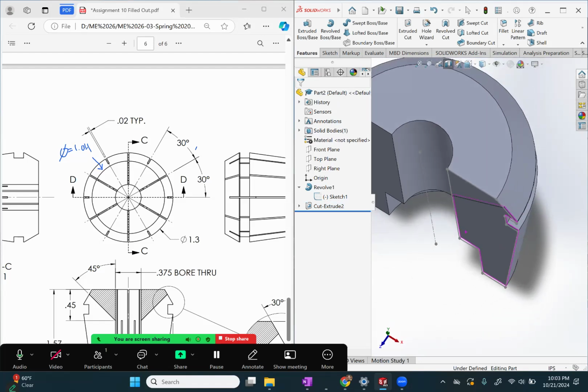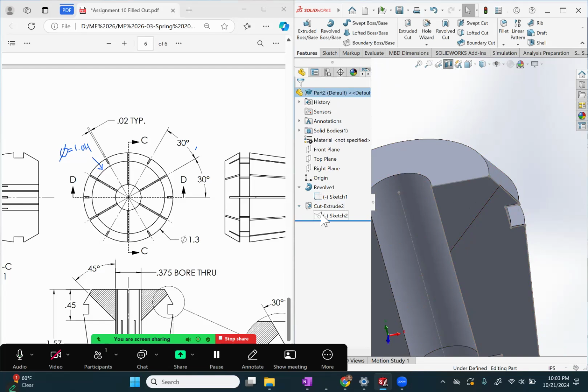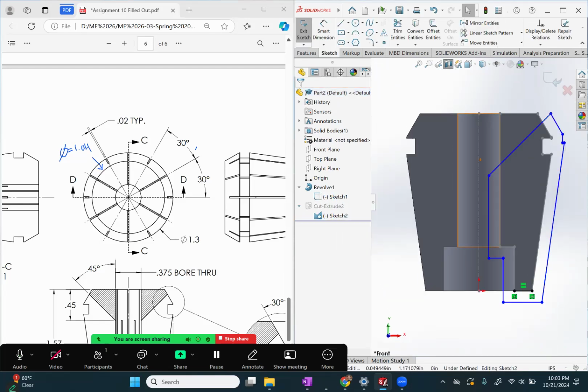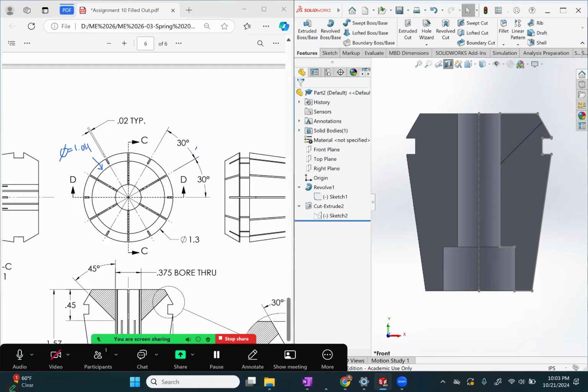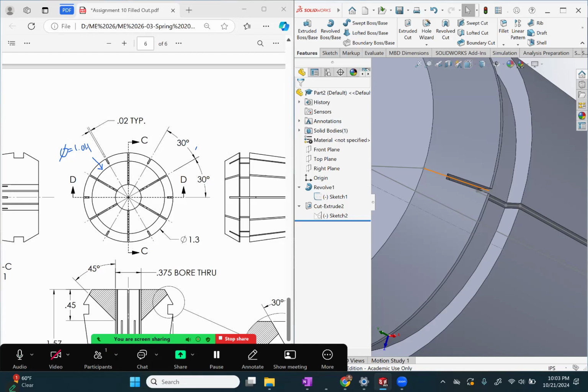So it did make the cut. It's a successful cut. That's great. Let's exit the sketch. Let's also turn off my section view. So we have one successful cut.